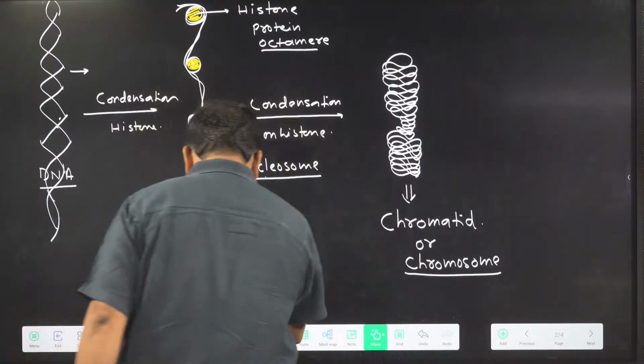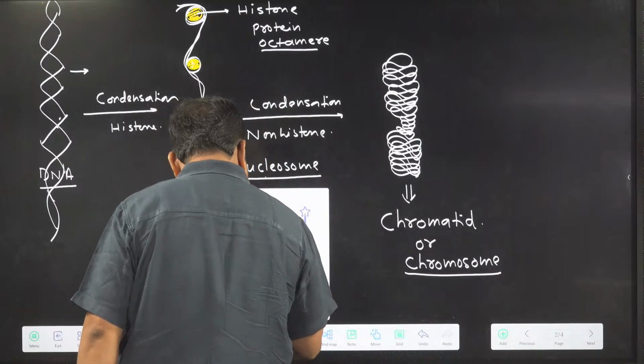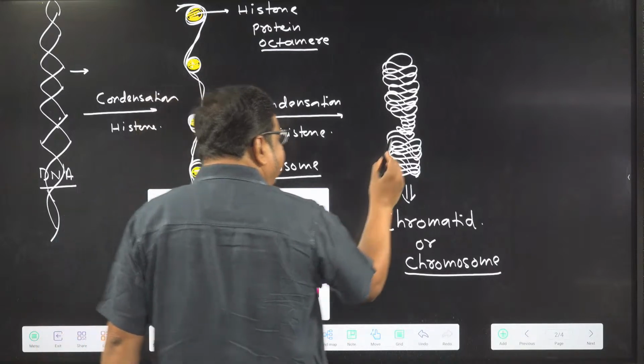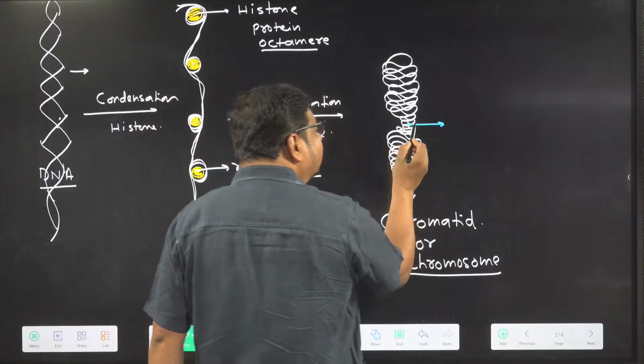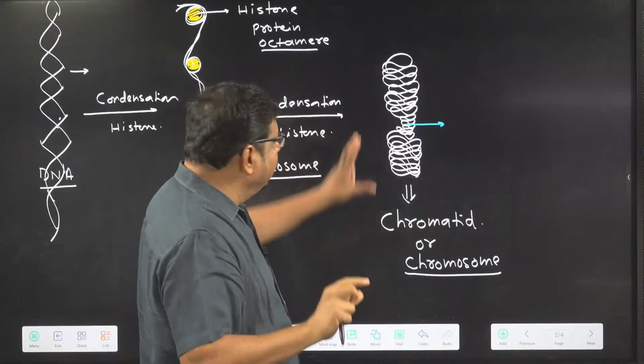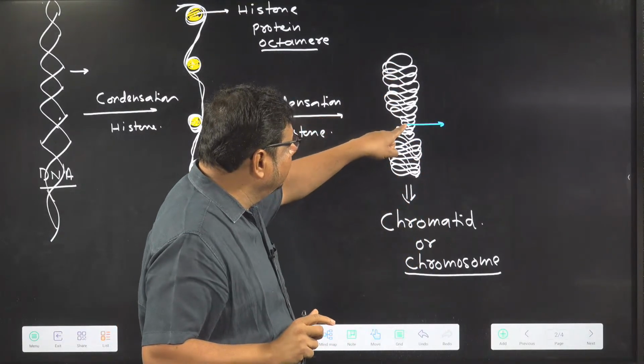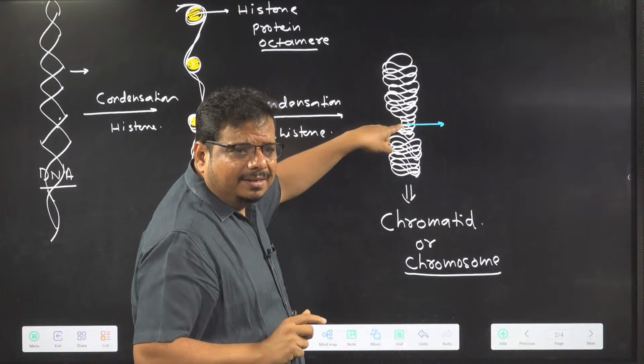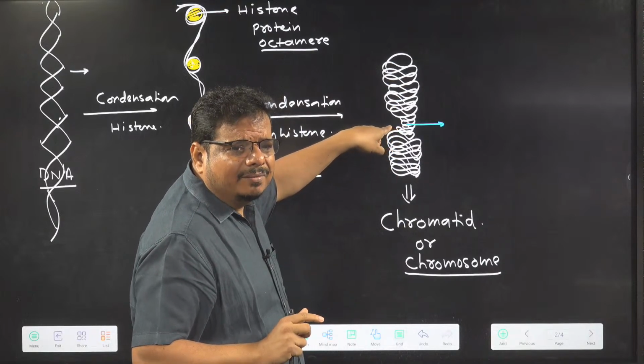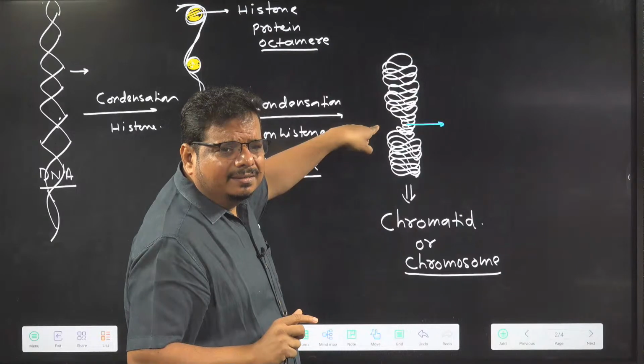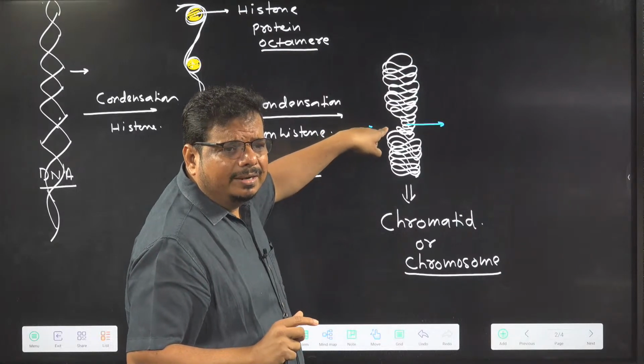Now, what is this? Here you are finding a constriction, na? Is the thickening uniform or is there less thickening here? Less thickening is there, na? Are you finding it in the center? Clear or not?